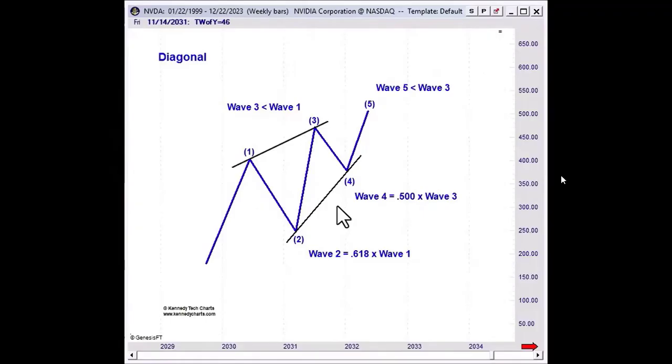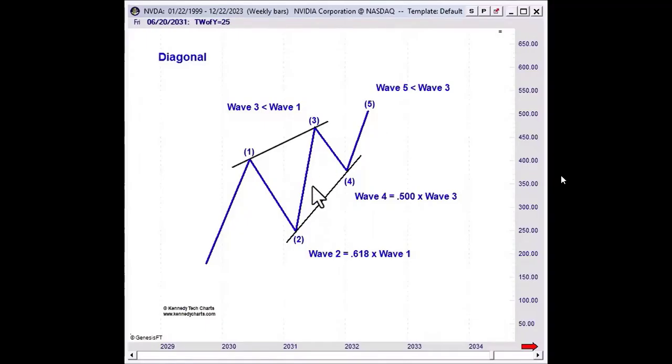Now, one thing I've observed personally is what I like to see as far as idealized Fibonacci proportion within the development of an ending diagonal. I like to see wave 3 exhibit a 786 multiple of wave 1. And then I like to see wave 5 exhibit a 786 multiple of wave 3.